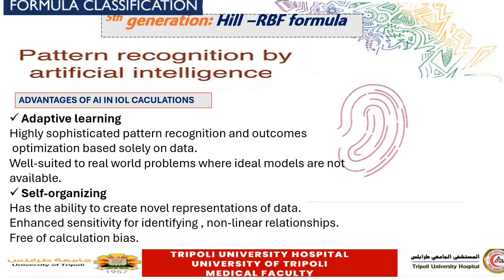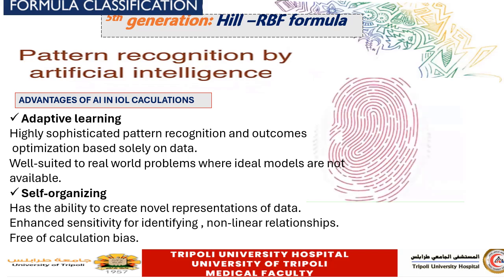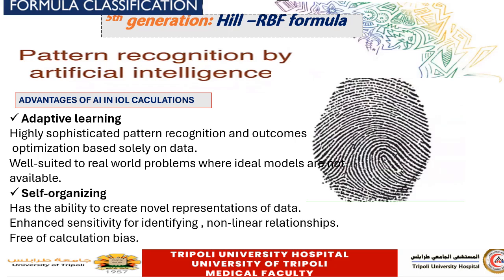In this slide, I will show the meaning of pattern recognition. As you know, in our daily life, we face some examples of pattern recognition. As you can see here, this is the pattern recognition in your mobile phone for your fingerprint. So the same principle is applied when we feed any system with a combination of data. For example, we give a combination of the keratometric power along with the axial length, along with the AC depth, and so on.